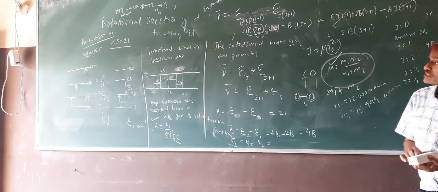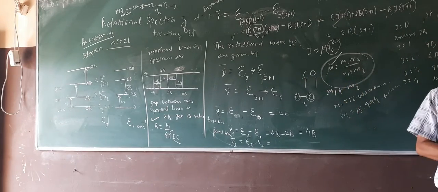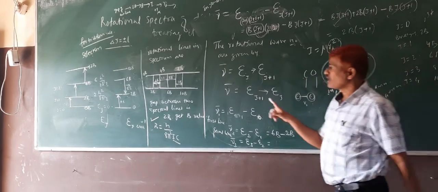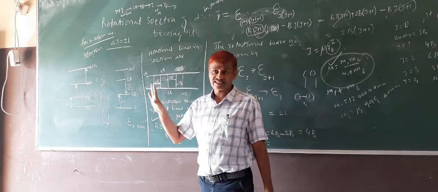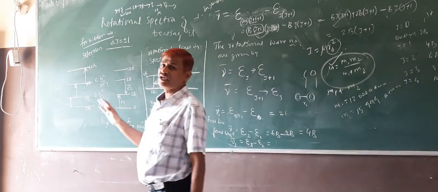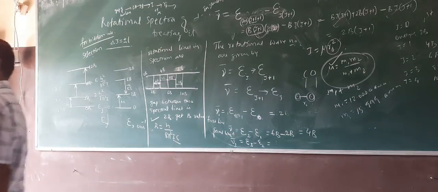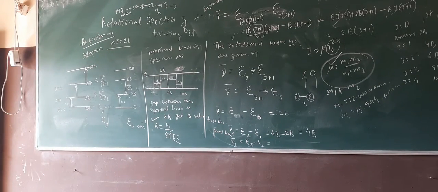Now you have to see this spectrum carefully. See this. The rotational spectra consists of equally spaced lines. Finally, you have to say the rotational spectra of a diatomic molecule consists of equally spaced lines. Right?